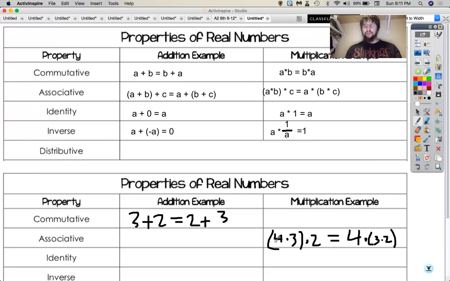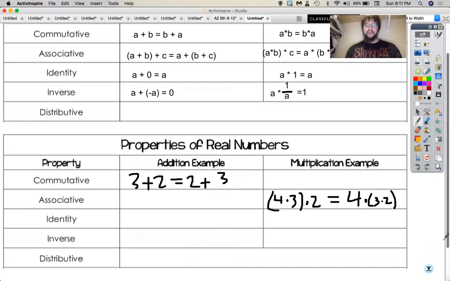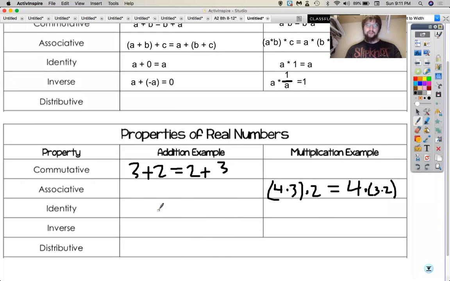So if we think about it, 4 times 3 is 12, times 2 is 24. 3 times 2 is 6, times 4 is 24. It's the same thing, either way we do it. Identity: 3 times 1 is 3. Nothing interesting there. Inverse: 5 times 1/5 is 1.